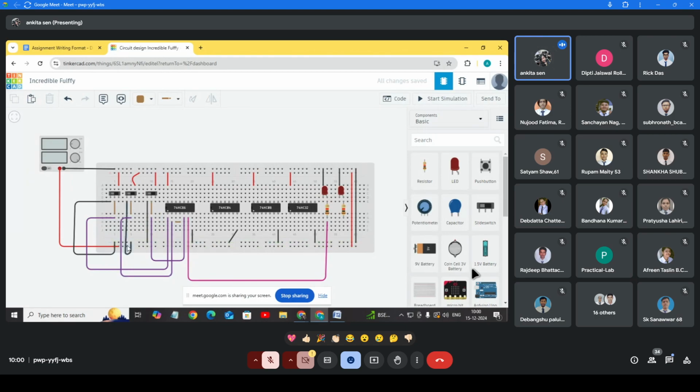Okay, so next one is complemented A and B. So what is A? This is A. So this one should be fed to this hex inverter first. Okay.